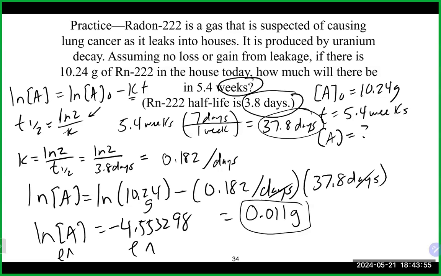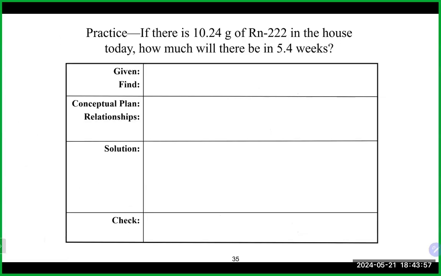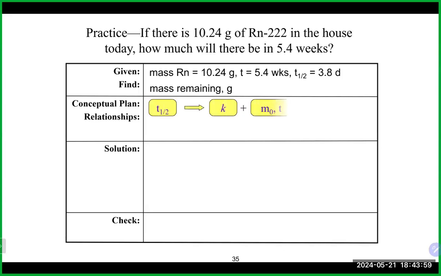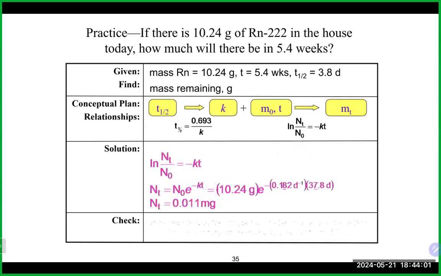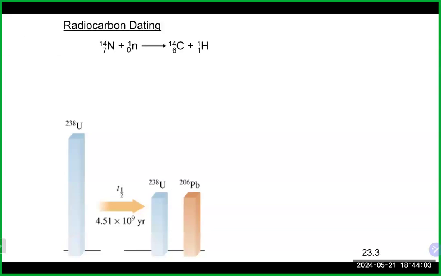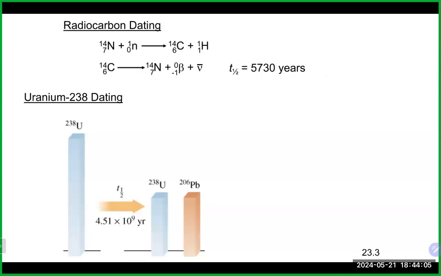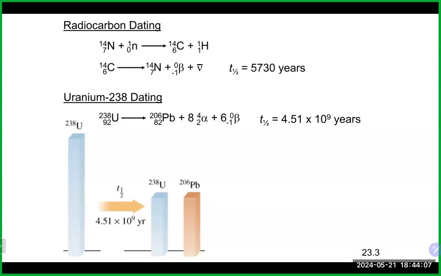Now, in addition to first order kinetics, we could actually use this information to do something like radio dating and figure out how old something is. It's basically the same idea.